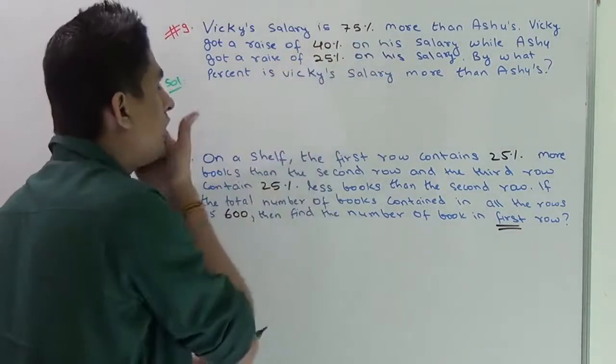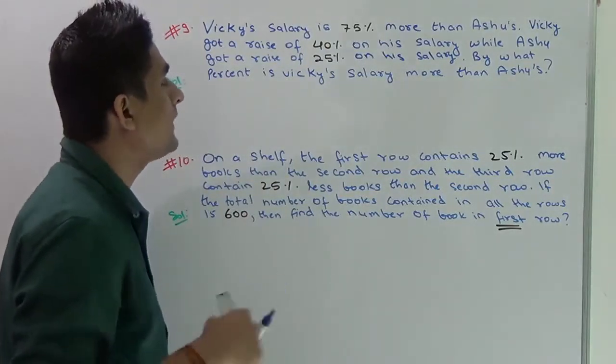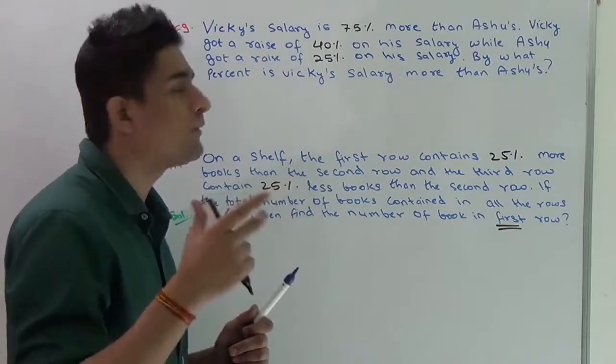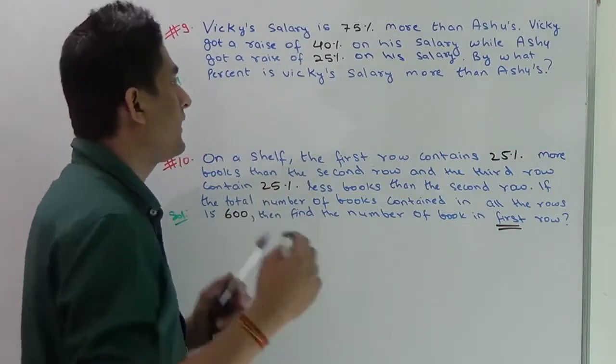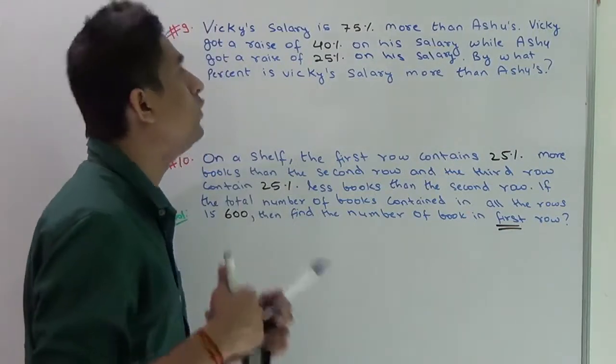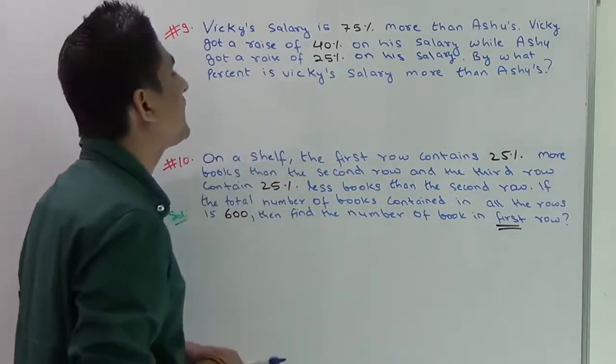All the terms are in percentages, so we can make a general value substitution. That means we can assume anyone's salary to be 100. But the question will arise in your mind: whose salary should we assume as 100? Let me tell you. First let us assume the salary of Vicky to be 100.